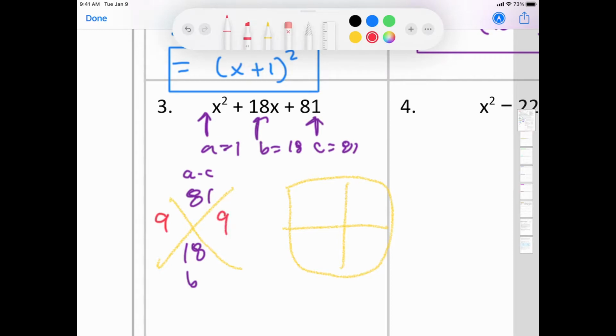It's going to be 9 and 9. 9 times 9 is 81, and 9 plus 9 is 18. It's going to split this term, always in the bottom left, and always in the top right. That one will always go in the top left, and this one will always go in the bottom right.